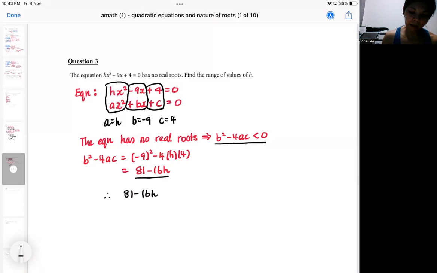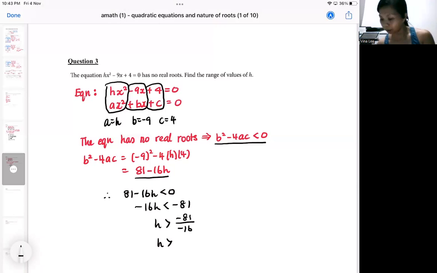So that is like your linear inequality. All of you have learned some form of linear inequality. Do you still remember that you have to reverse the sign when you divide by a negative number?